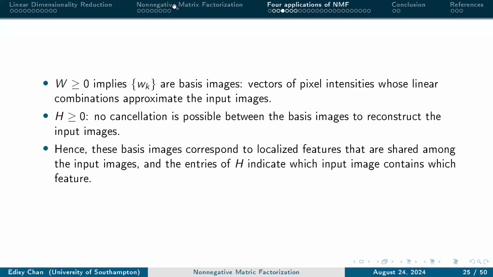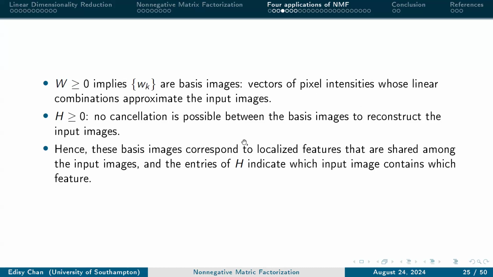The non-negativity of W implies that those wk give us the basis images, the vectors of pixel intensity whose linear combination approximates our input images. Also H is non-negative, so no cancellation is possible when we construct the input images from the basis images.